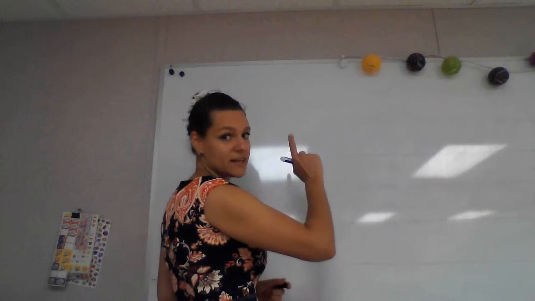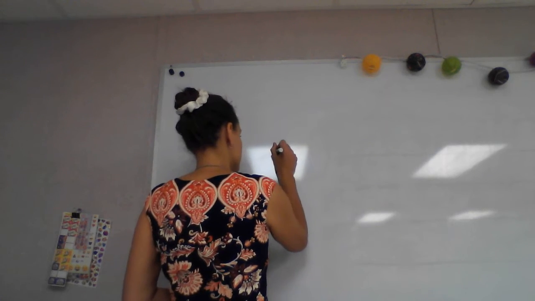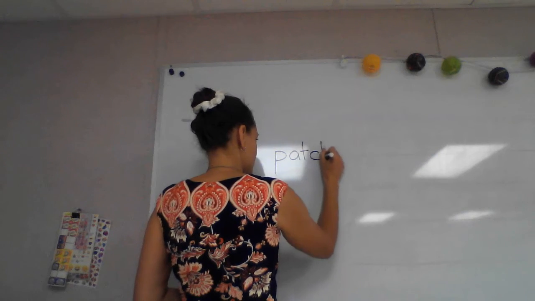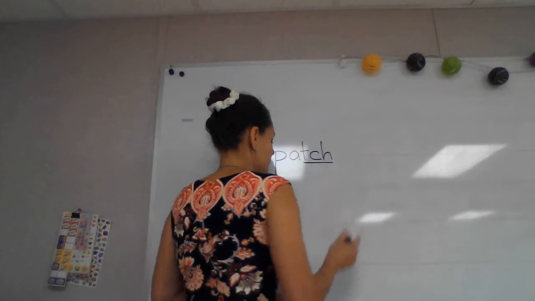And after you finish writing it, you can mark it. All right, if you're not finished, pause the video so you can finish. This is what our patch would look like and how it would be marked.